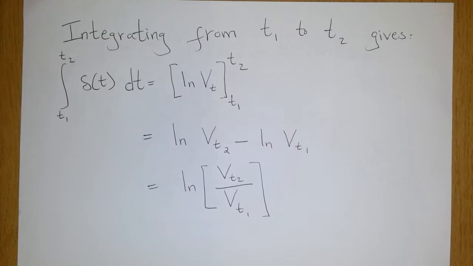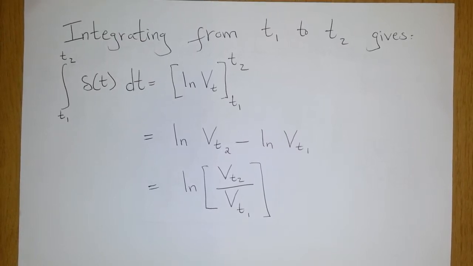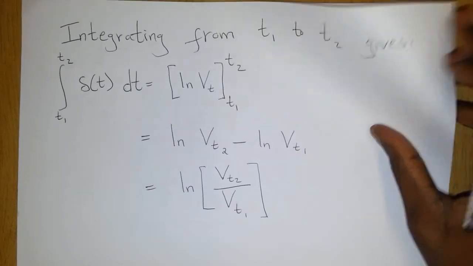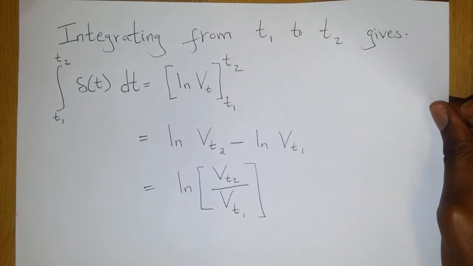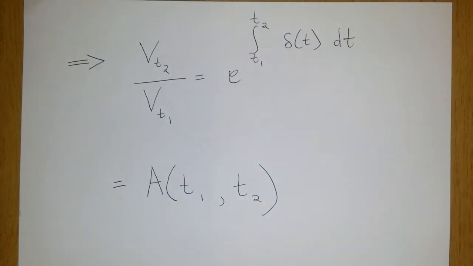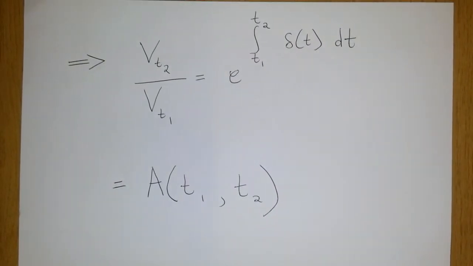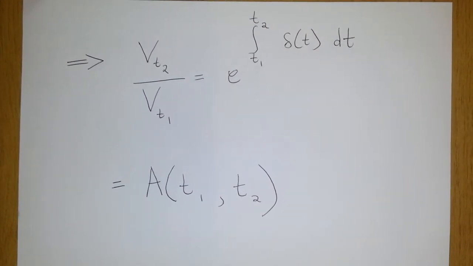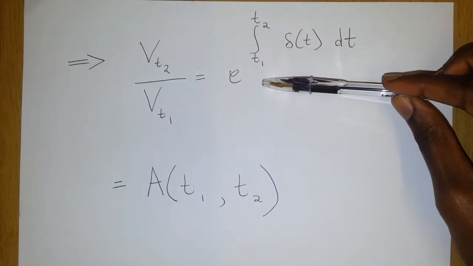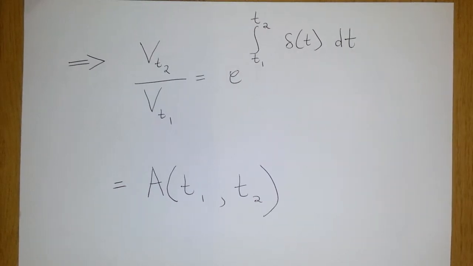And when we introduce an exponential to cancel out the ln term, we end up with this, where the value of the fund at time t2 over the value of the fund at time t1 is given by the exponential of this integral.